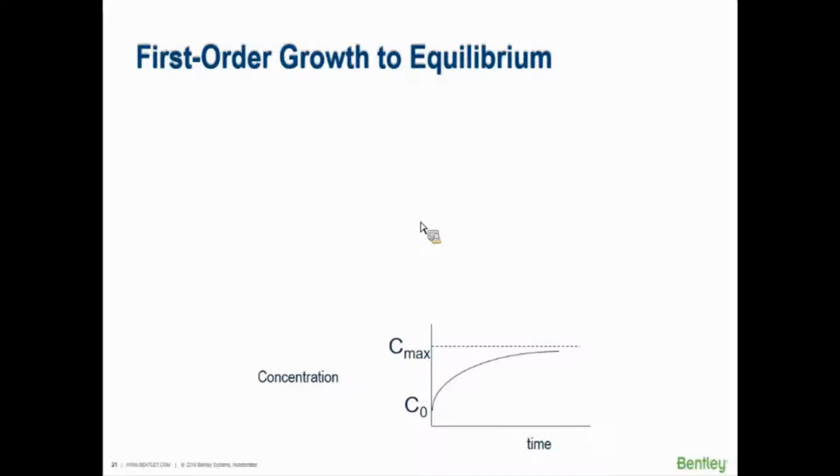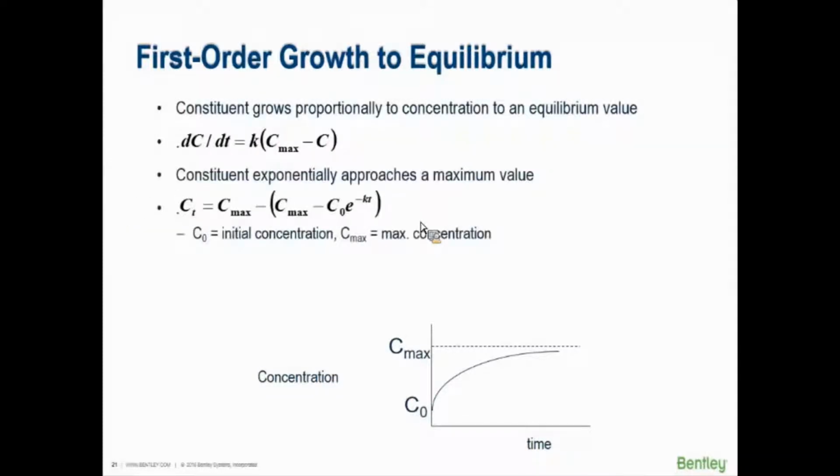Now, why do these reach a point where they're no longer being formed? Why would they reach a Cmax, where that exponential growth tends to level off? Source material runs out. So it runs out at some point. The concentration cannot exceed Cmax because the source material is no longer there, but it's still going to grow, with a growth rate that in this case is minus KT.